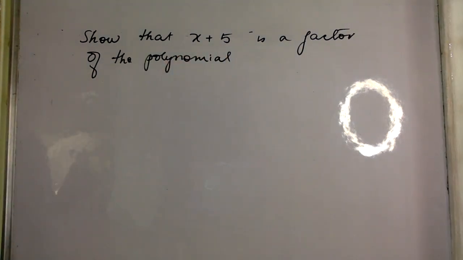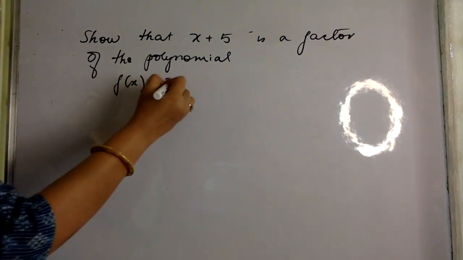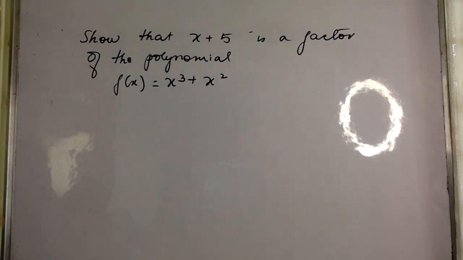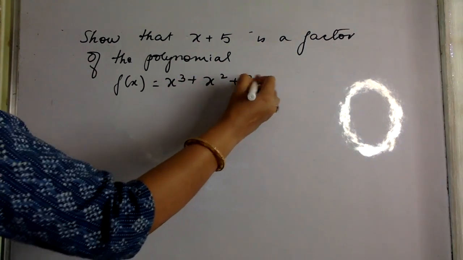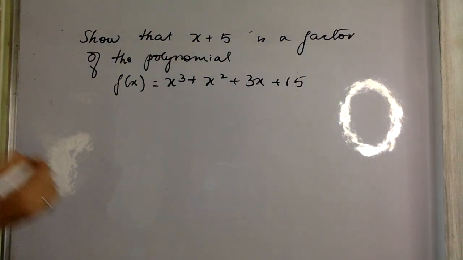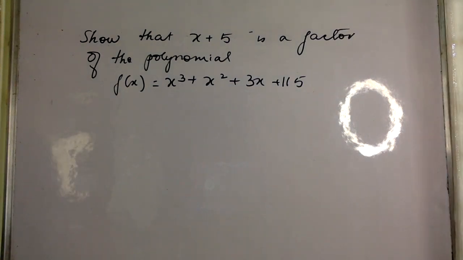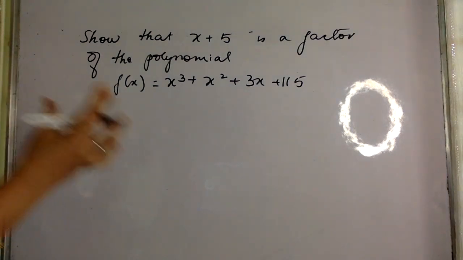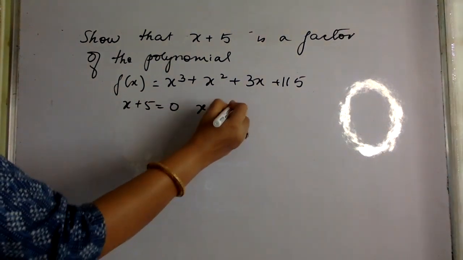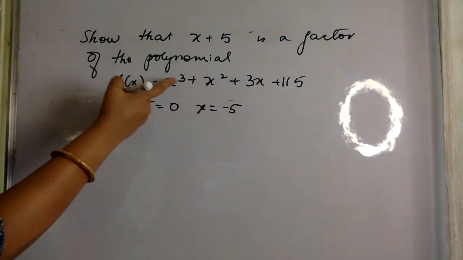The polynomial is f(x) is equal to x cube plus x square plus 3x plus 115. This is my polynomial. So I'll have to try and see if the remainder can come to 0. What will I first substitute? x plus 5 is equal to 0, so x is equal to minus 5 has to be substituted now. Okay, so x is equal to minus 5.